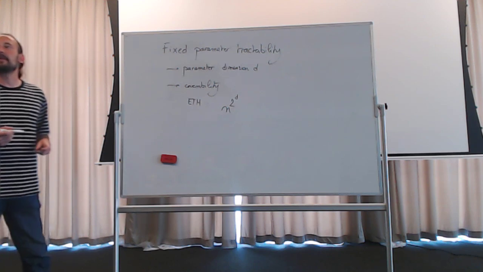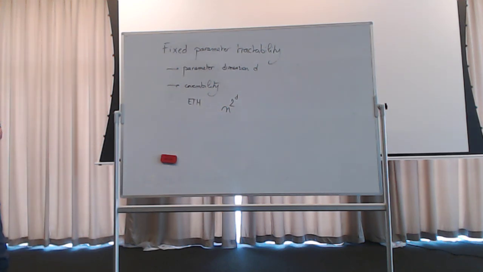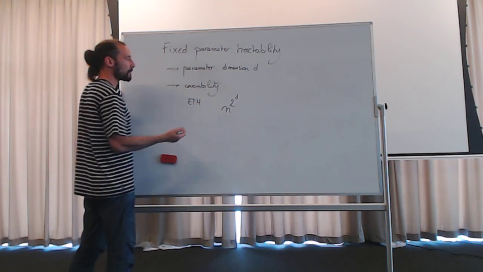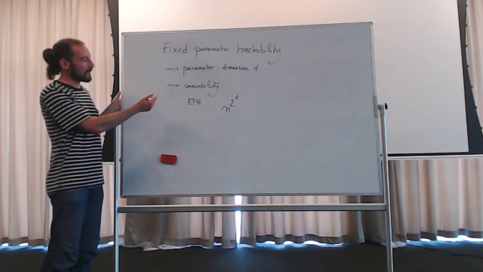No better than this kind of complexity. And I was wondering whether you could forget about ETH and show that you cannot do better than something like this in general.